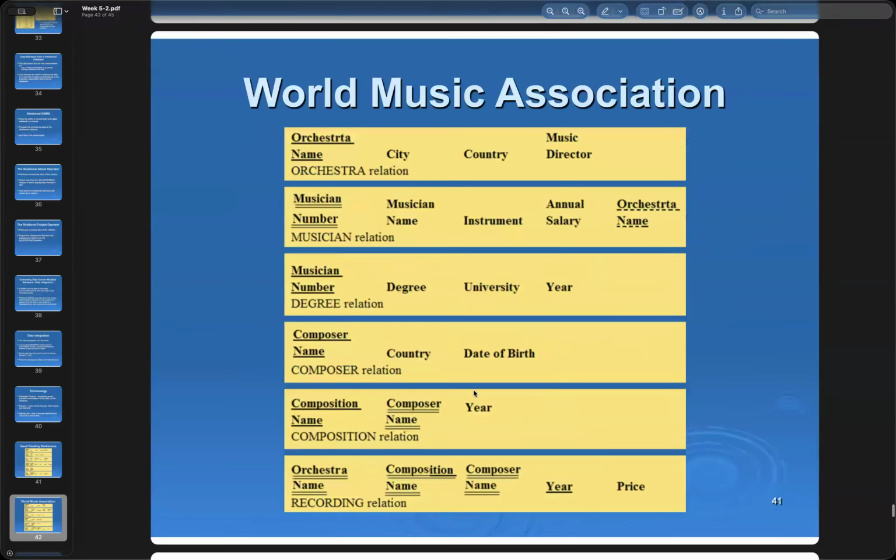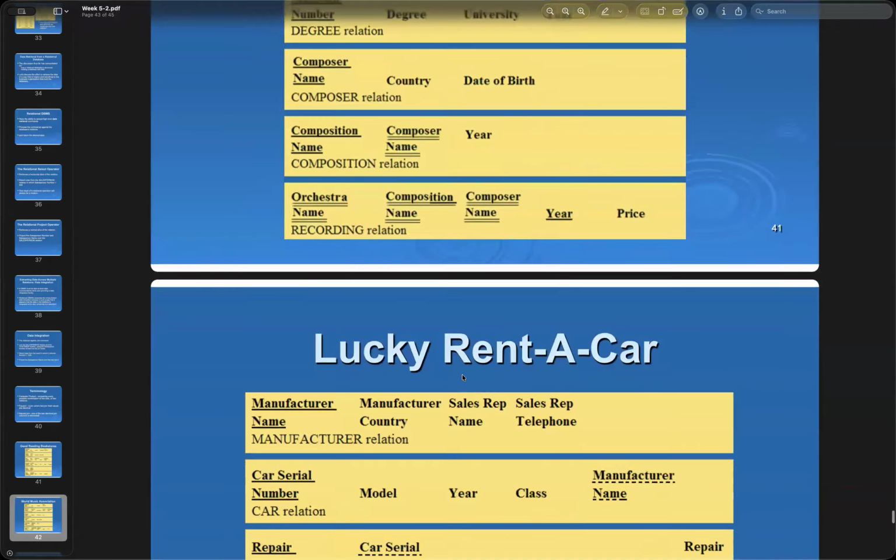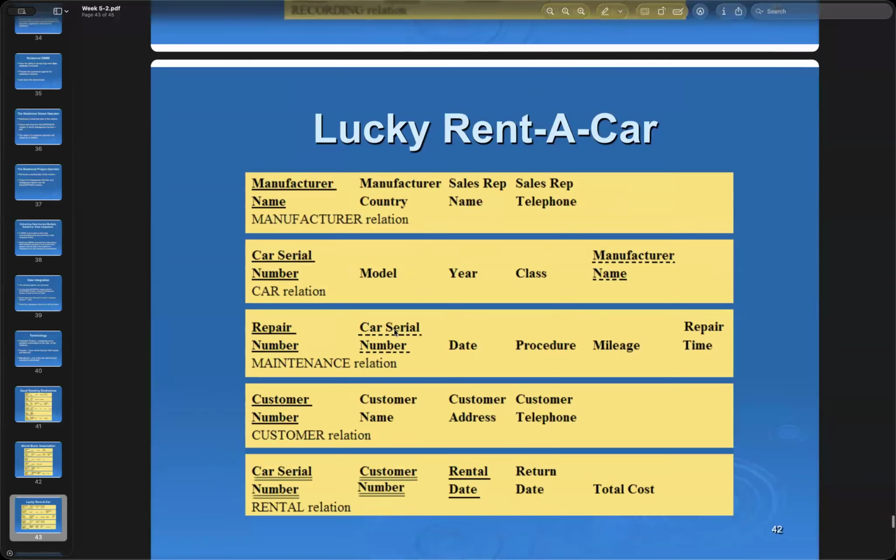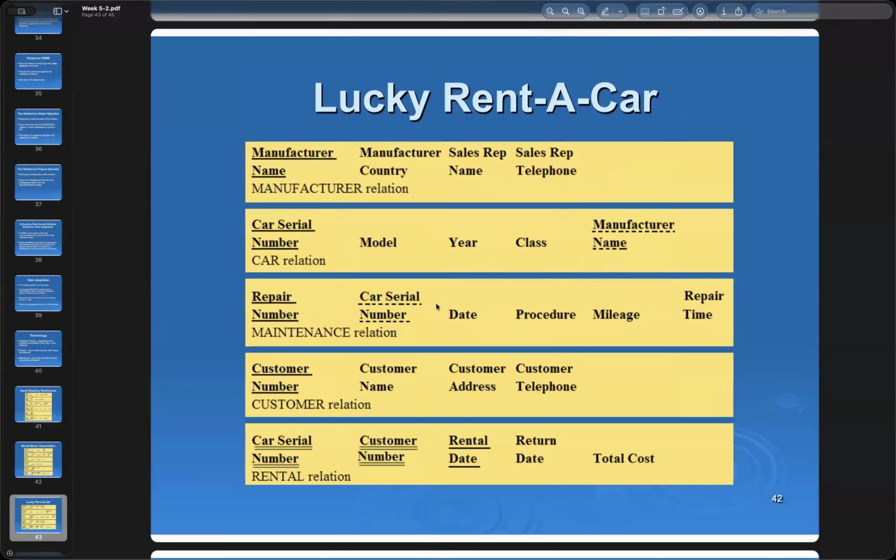Now it's showing all the tables, and let's say another table right here. If I ask you to pick the primary key, can you tell which one is the primary key and which one is the foreign key? If I give you a really simple structure like this, then you should be able to tell what the columns are.